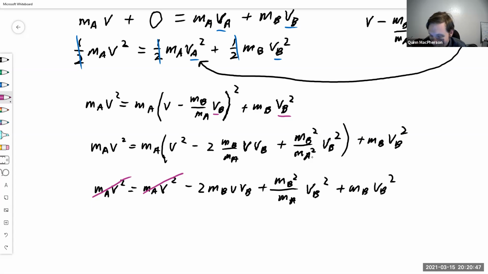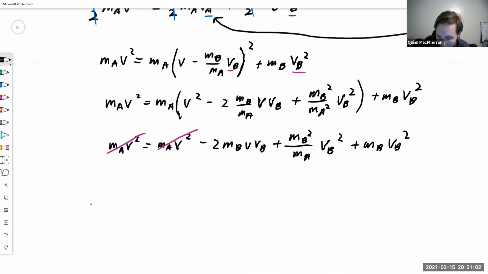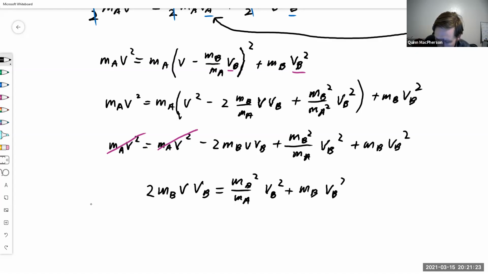Those two terms cancel. I then am left with these. I want to solve for VB. I have a VB squared on these two, and a VB on this side. I'm going to move this one to the other side. So we get 2 MB V VB is equal to MB squared over MA VB squared plus MB VB squared.